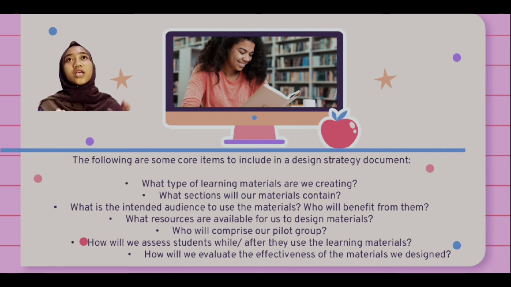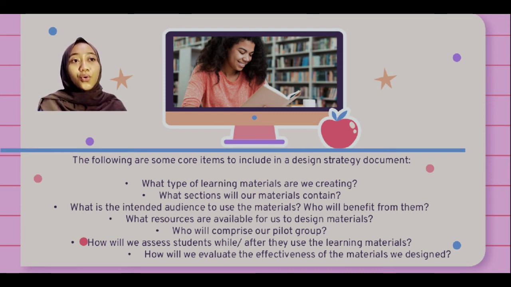So we have to think about the topic, the background, and the content. The third is what is the intended audience to use the materials, who will get the benefit from them, and the fourth is what resources are available for us to design materials.